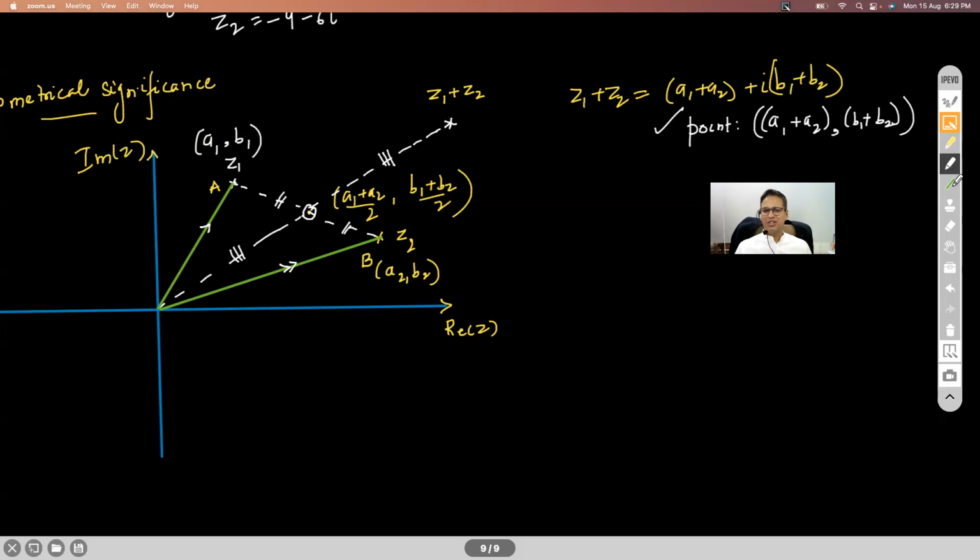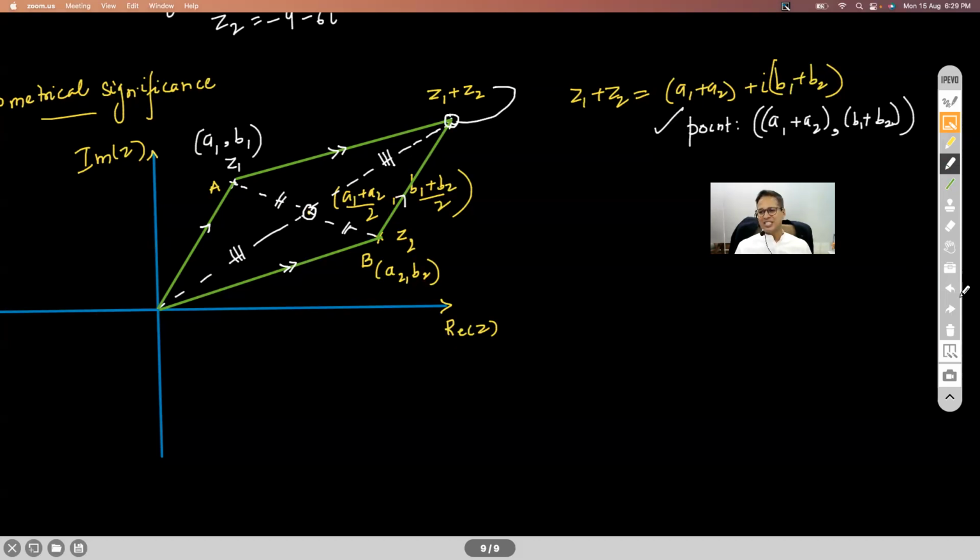We all know how to make a parallelogram. Make a parallelogram like this. This point of the parallelogram will represent Z1 plus Z2.